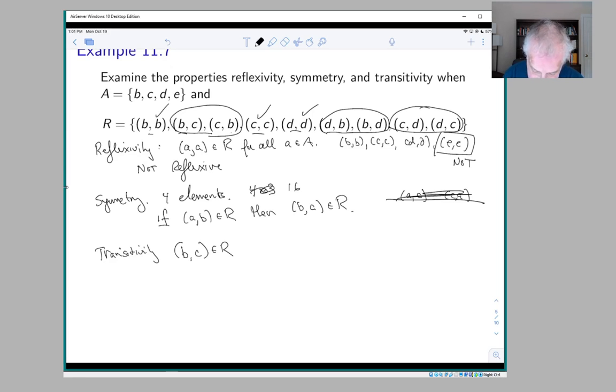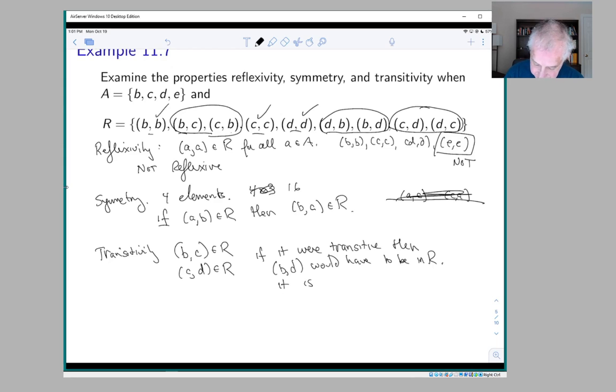Well, CD is in R. And if it were transitive, then it would have to be the case that BD is in R. And it is. But this is far from a proof of transitivity. This is just a check of one case.